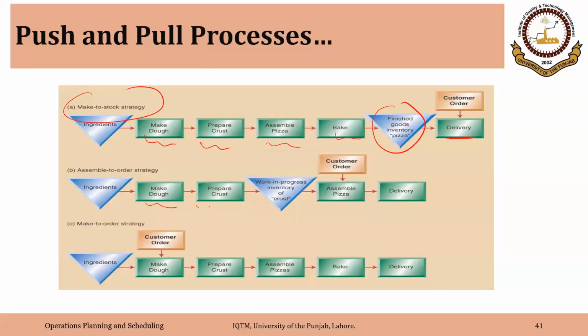If ingredients are already made, but the recipe or the mixing is done as per your requirements, or in other words, assembly is done according to your requirements and the product is delivered, that is an example of assemble to order. And if everything is made as per your requirements, we only have ingredients, the recipe is made according to your requirements, and mixing and assembly is done according to your requirements, that is an example of make to order.